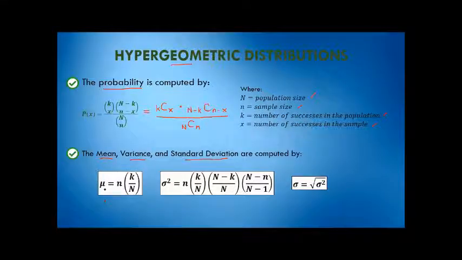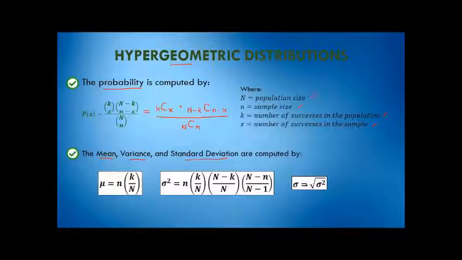For the mean, mu is equals to small n times k over capital N. Next, sigma squared is the variance that is equivalent to small n times k over capital N times the quantity of capital N minus k all over capital N times capital N minus small n all over capital N minus 1.